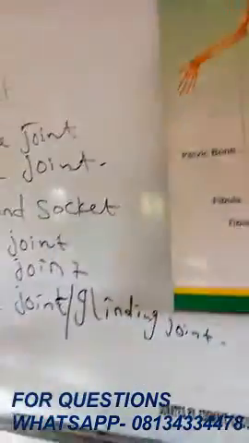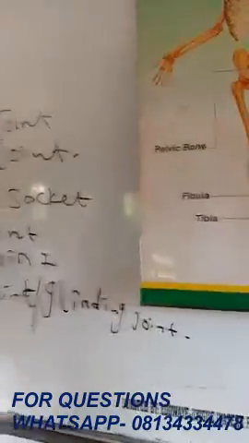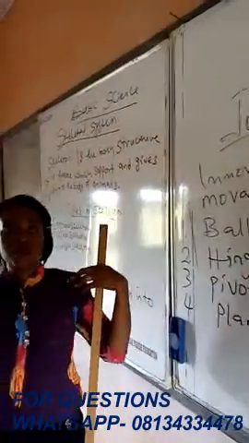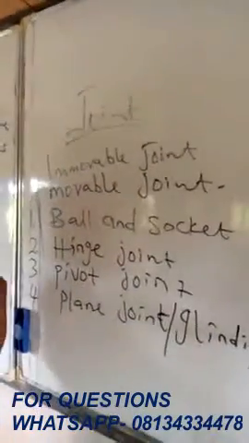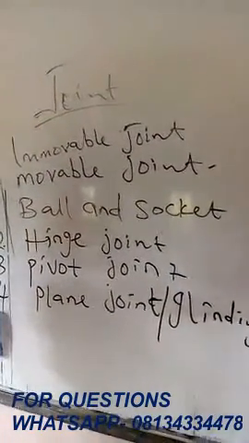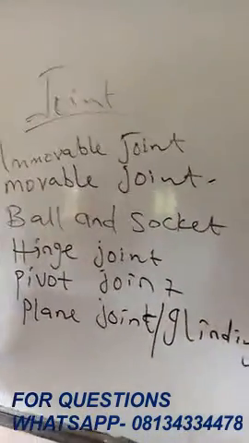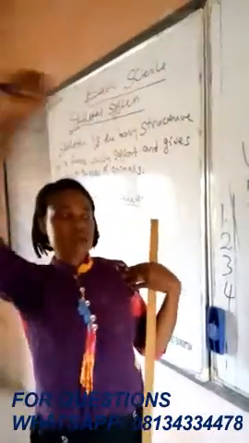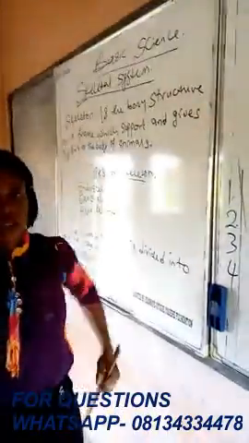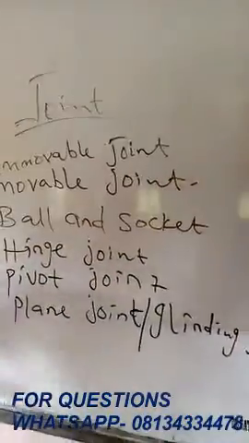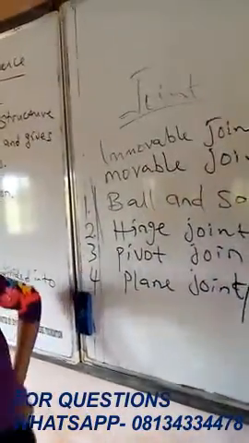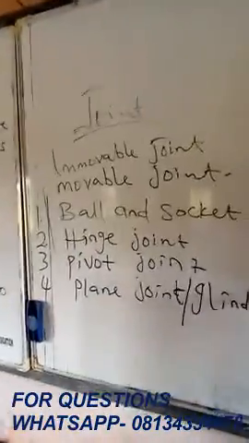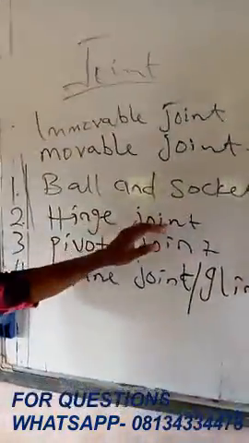So at your hip here and at your collarbone, the joint here is called the ball and socket joint, and it allows a circular movement of the body at your pelvic girdle, that is your hip. That is one.